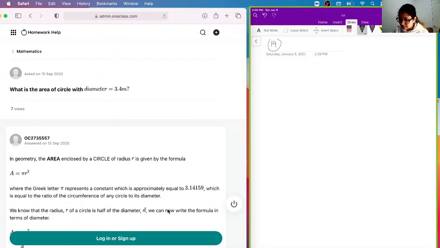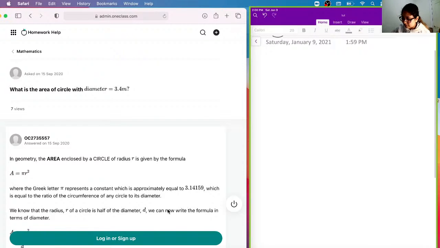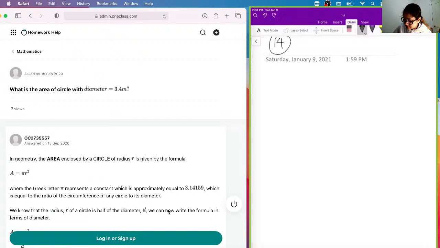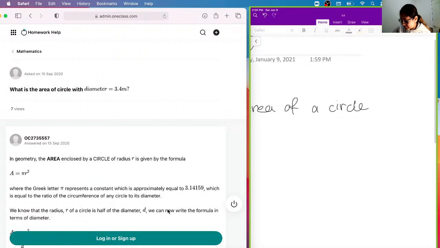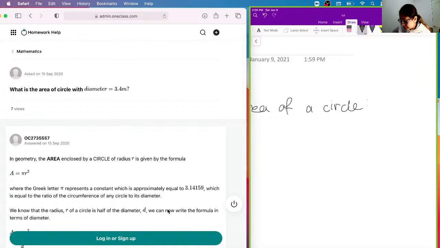To do this, we know the area of a circle is A equals pi r squared.